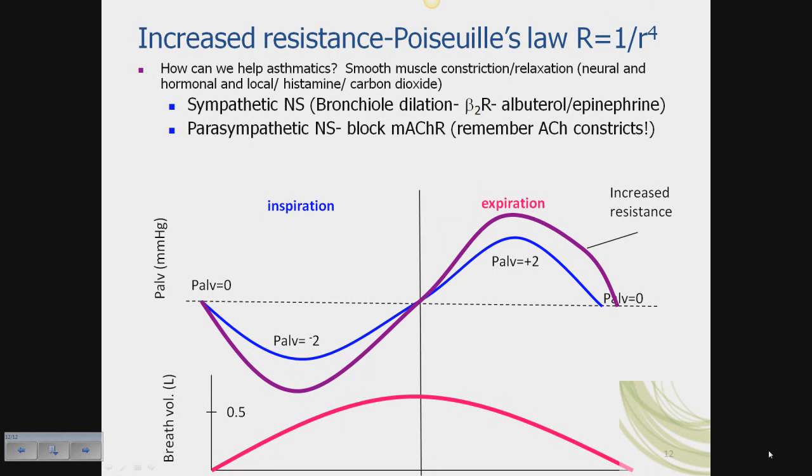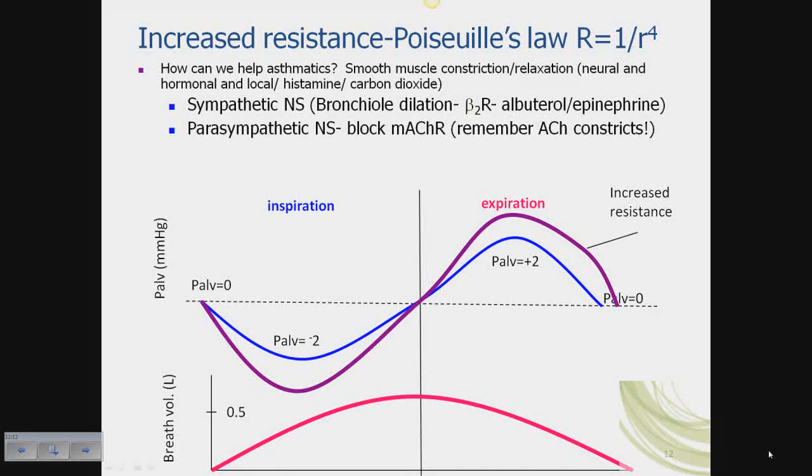So if you look at the blue line shown here, that's a normal amount of pressure change required in the alveolus in order to get air to come in, as shown in inspiration, or out, as shown in expiration. So down the bottom, you're seeing breath volume. During inspiration, we inhale about 500 milliliters, and during exhalation, we exhale the same 500 milliliters.